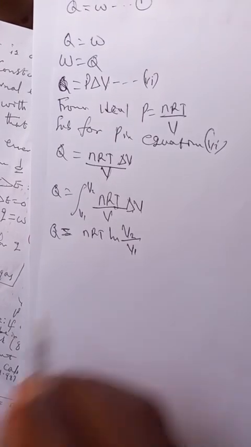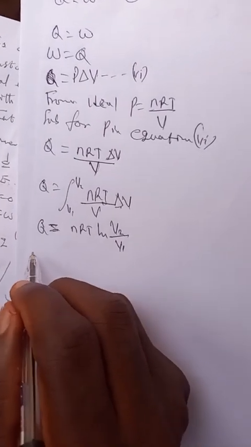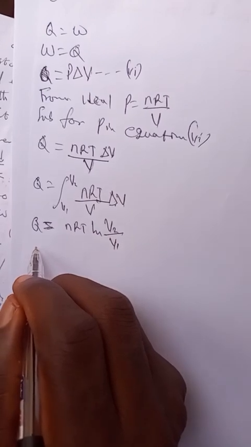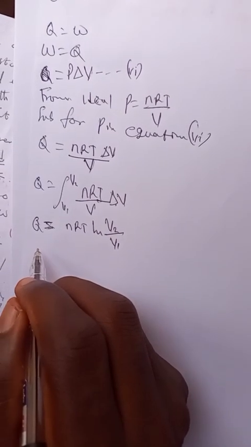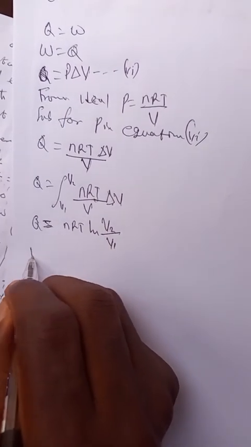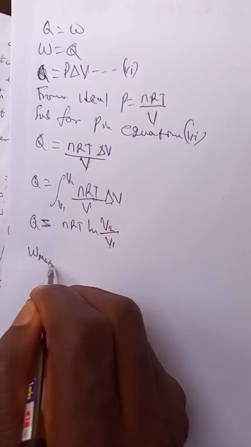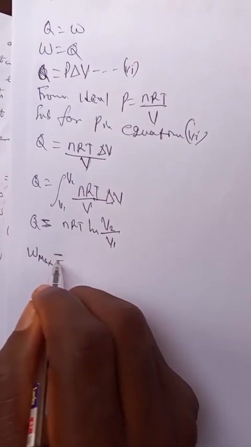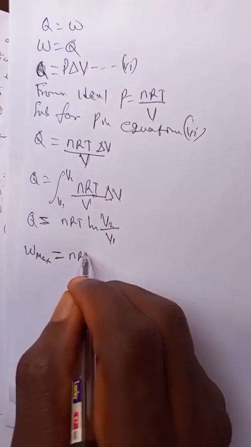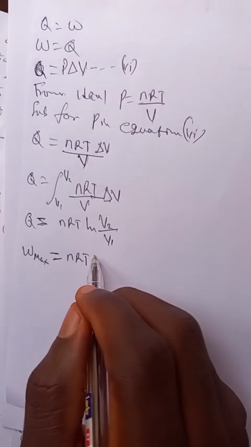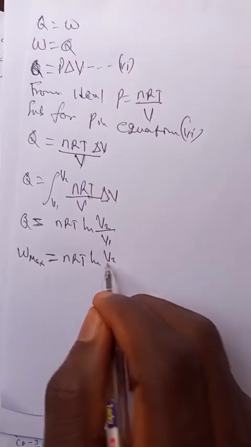Now, don't forget the maximum work done during an isothermal process is given as W max is equal to nRT ln V2 over V1.